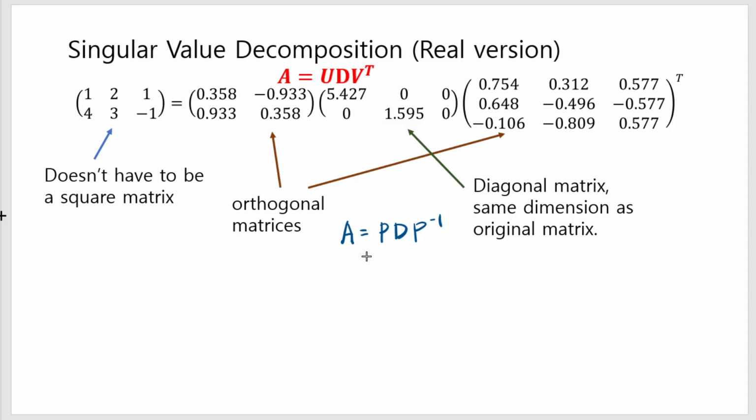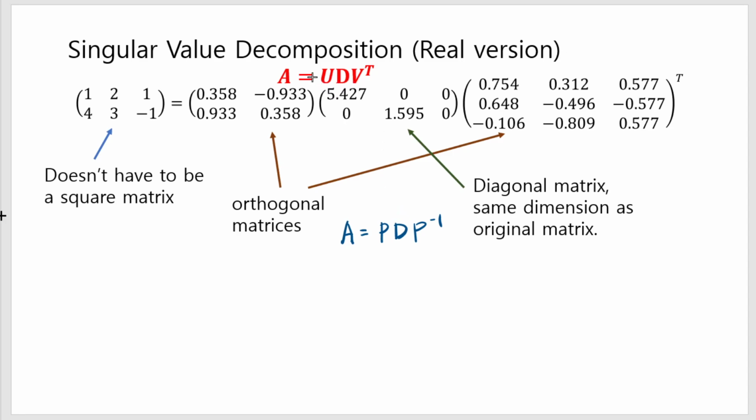But these two decompositions only coincide if your matrix A is positive semi-definite and symmetric in the real case. And in all the other cases, they differ. So don't think of them as the same. But they do have some similarities.